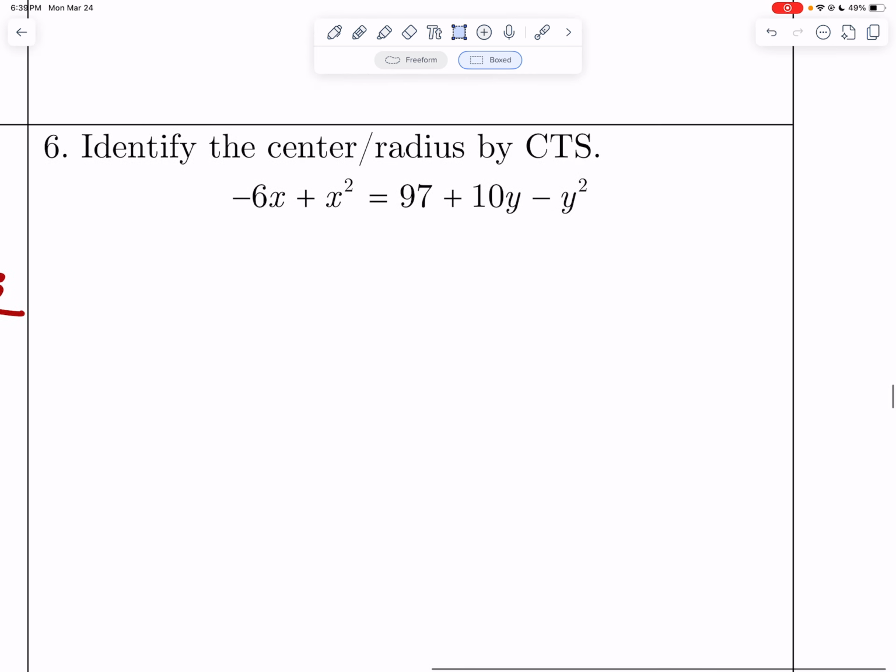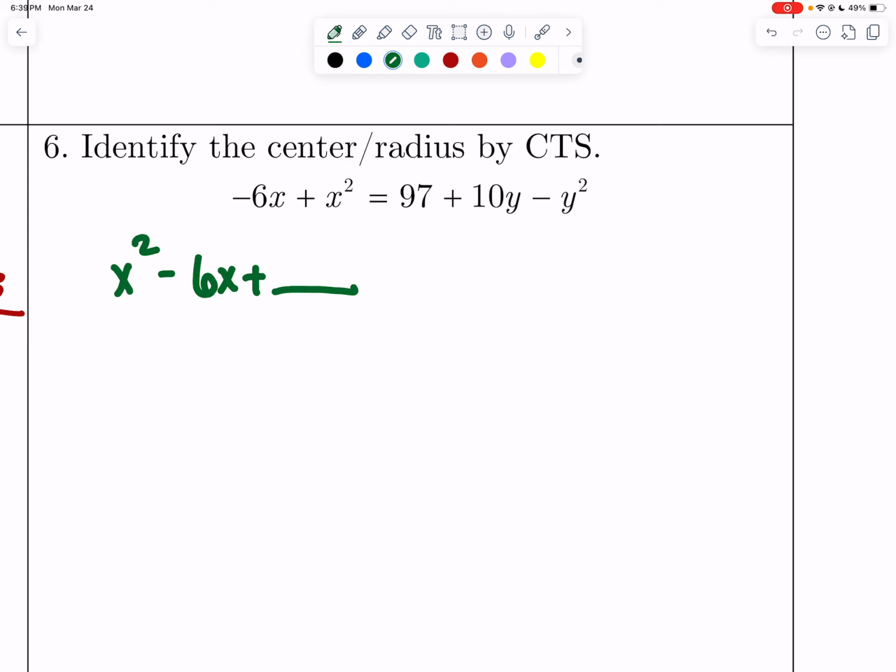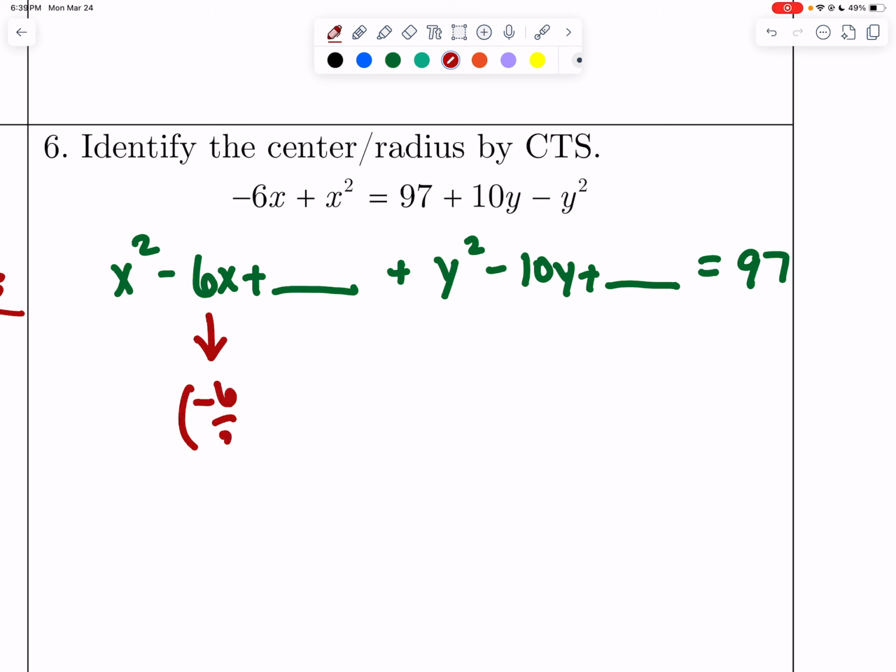All right, for number 6, it's kind of a little bit messy, so I'm going to try and move the x squares so that they are together, and then move the y squares so that they are together, and then keep the 97 on the right side. I'm going to do negative 6 divided by 2 squared, negative 3 squared, or 9.